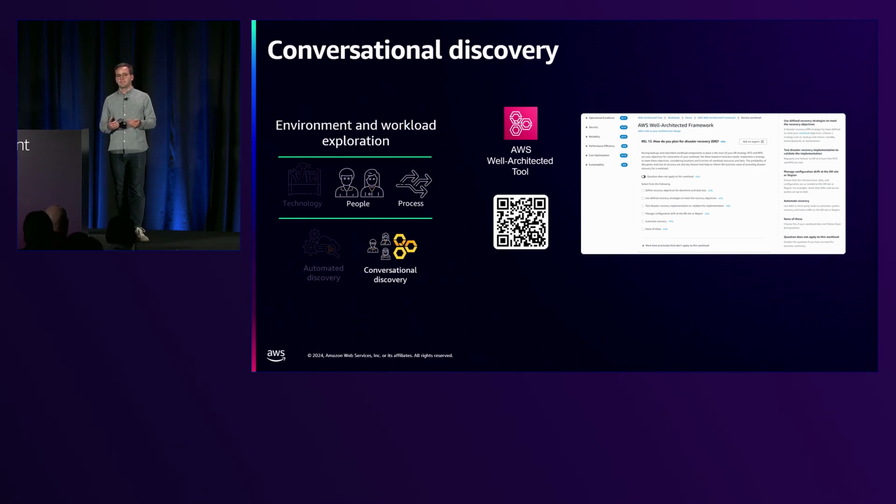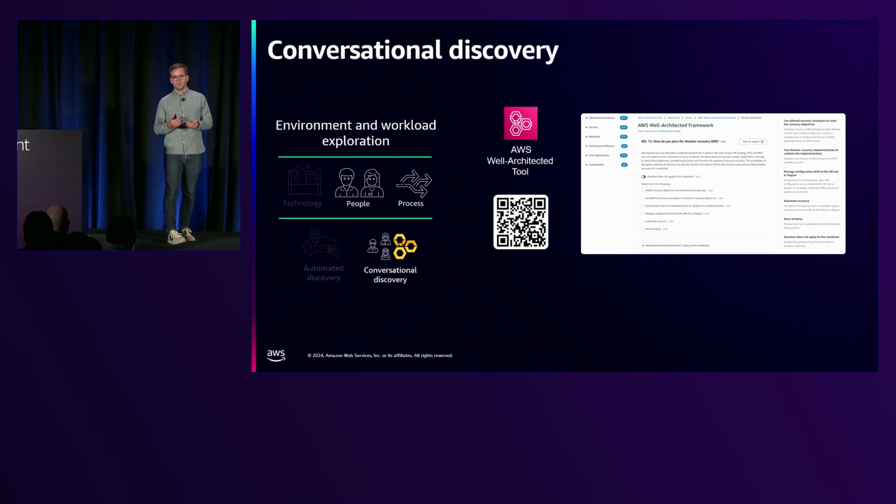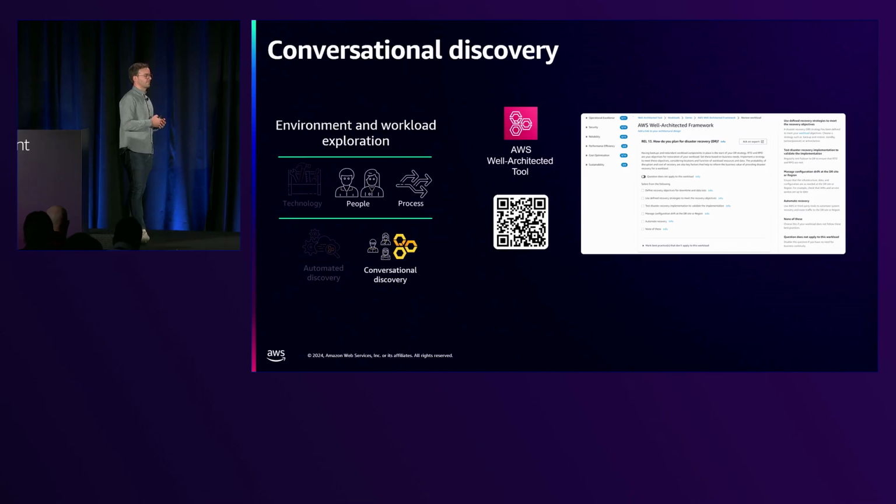So it could be a domain like serverless or analytics, but it could also be industry specifics like finance, healthcare. So you have different lenses for that that will be specific to your environment, in fact.